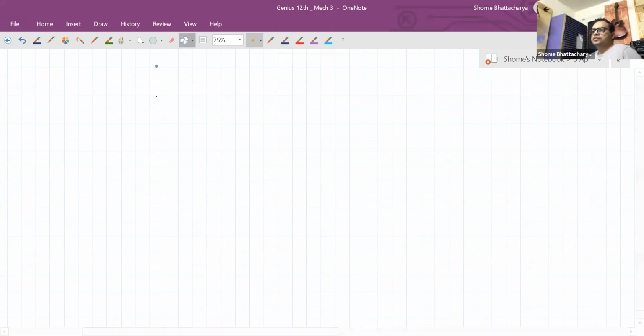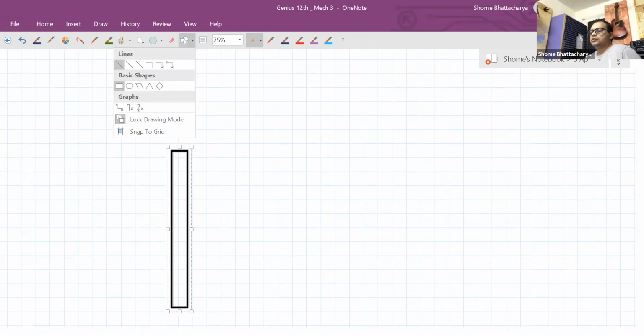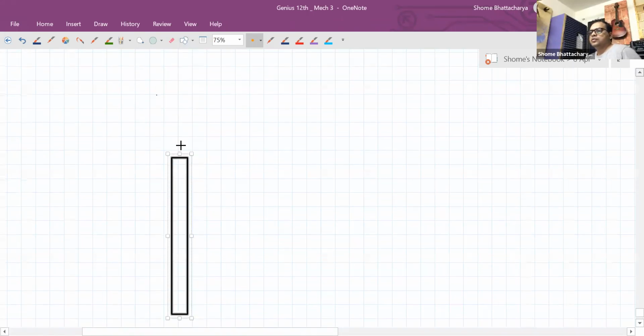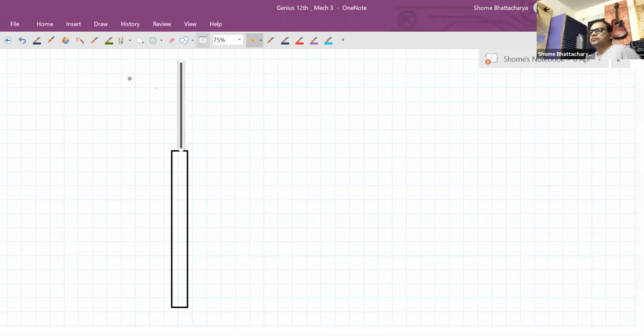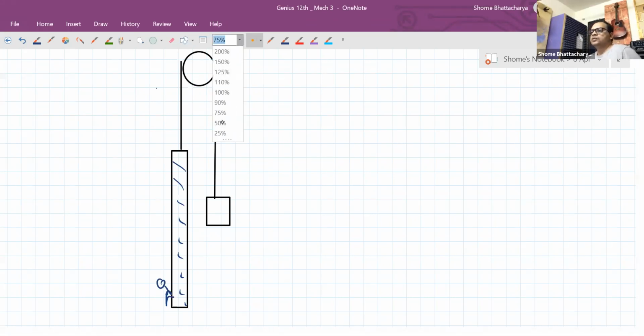So in the impulse momentum concept, what's going to happen is that everything was at rest initially.